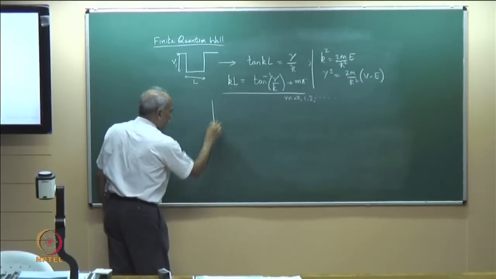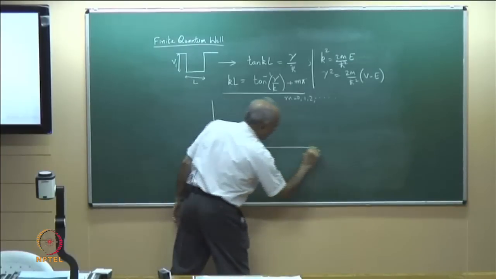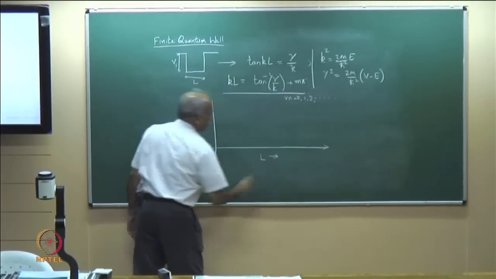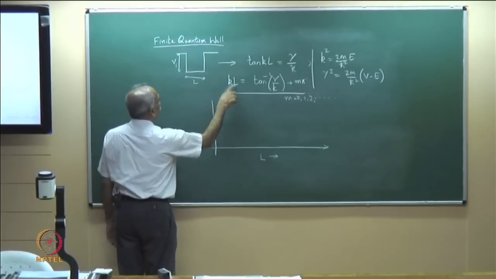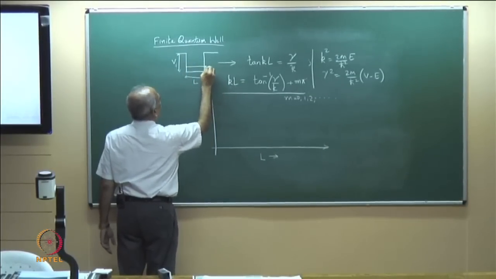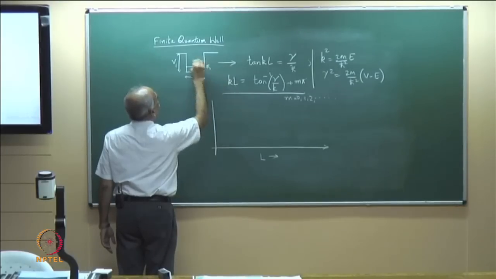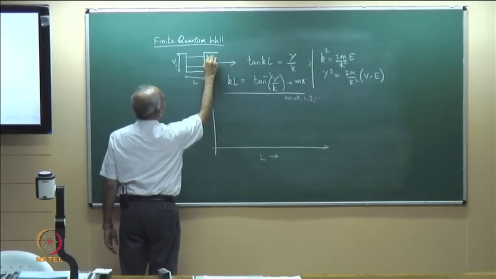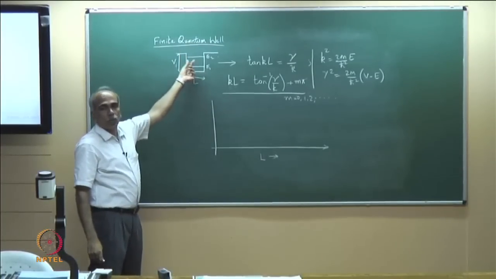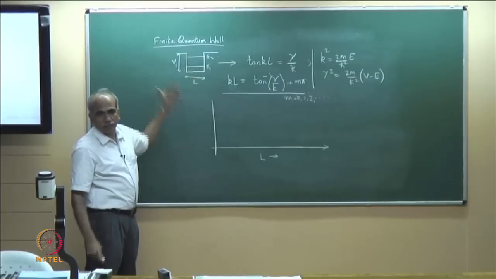So, if you plot this as a function of well width L, L versus E, with E1, E2 and so on, depending on the width, it may support one solution or it may have several solutions.